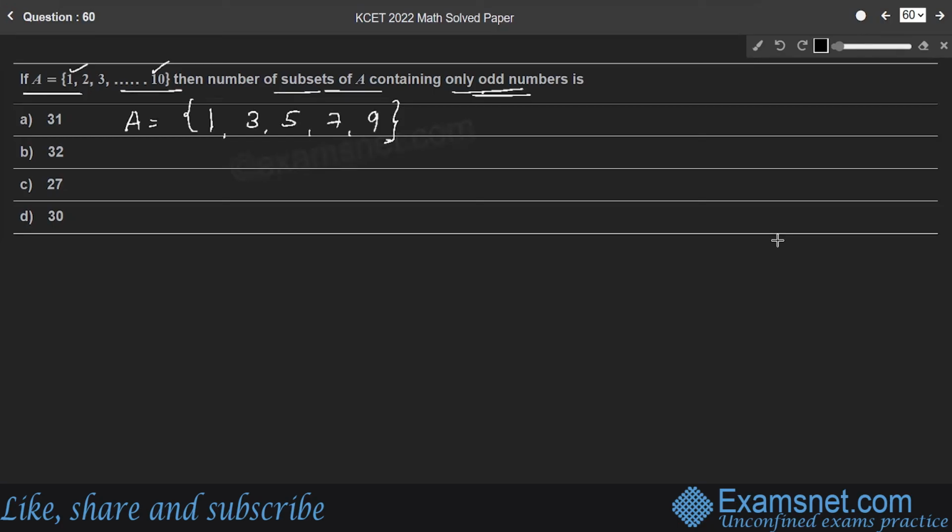Therefore, the number of subsets that can be formed using set A: in general, if there are n elements in a set, the number of subsets that can be formed is 2 raised to n minus 1. So in the given set, there are 5 elements which are odd numbers, right?